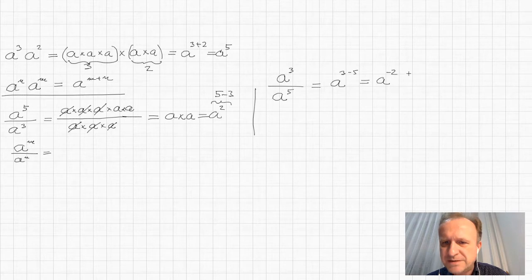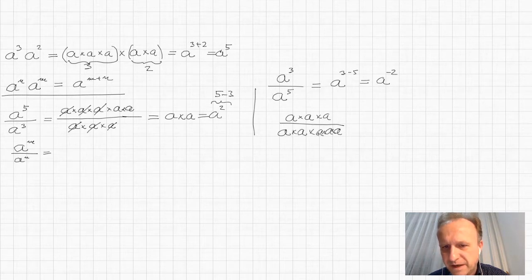To see what it means, let us look at this fraction and replace a to the power of 3, according to its definition, by a times a times a, divided by a to the power of 5, which is a times a times a times a times a.